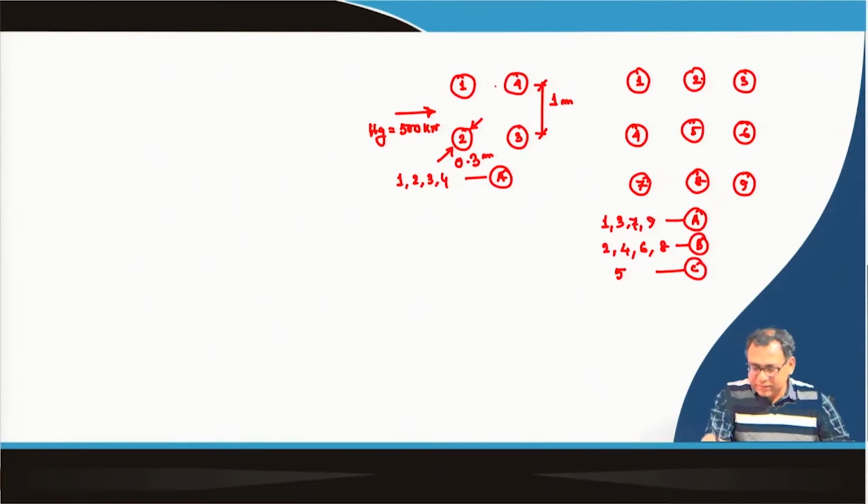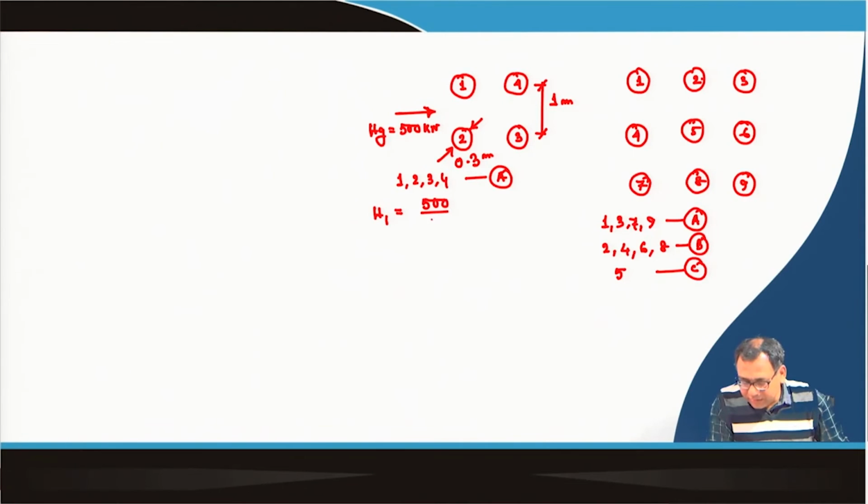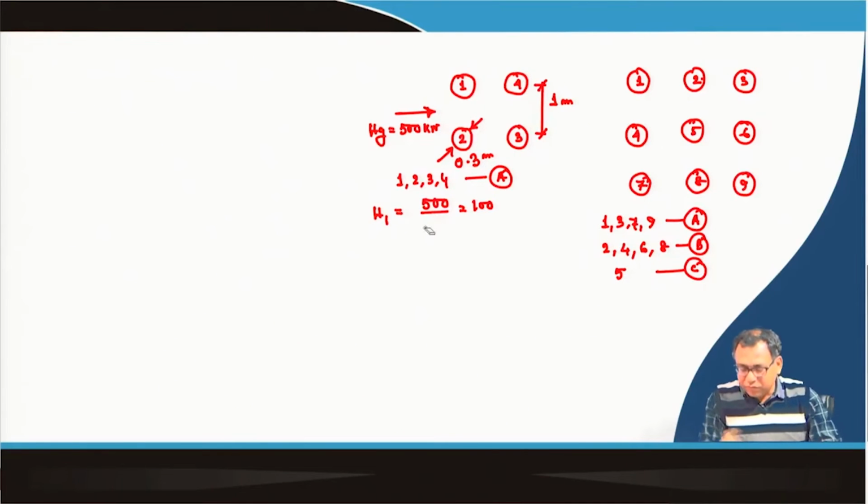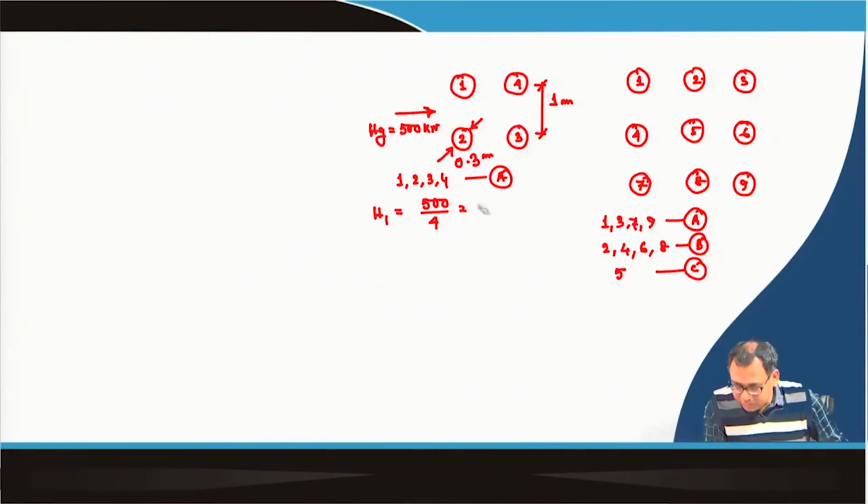First case, every pile is taking a similar amount of horizontal load, say H1 will be 500 divided by 4, so this will be 125 kilonewton.